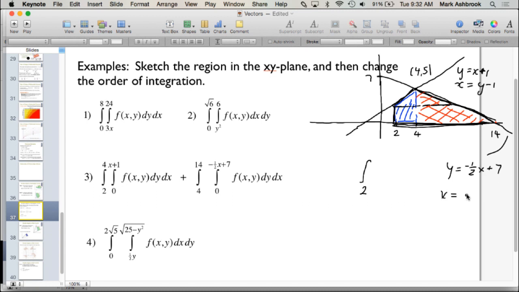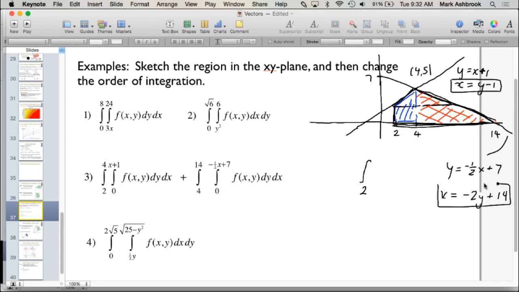What'd you get? Negative 2x plus 14 is what I'm hearing. 2y, thank you. So now when we go left to right, these will be our functions. X is a function of y.